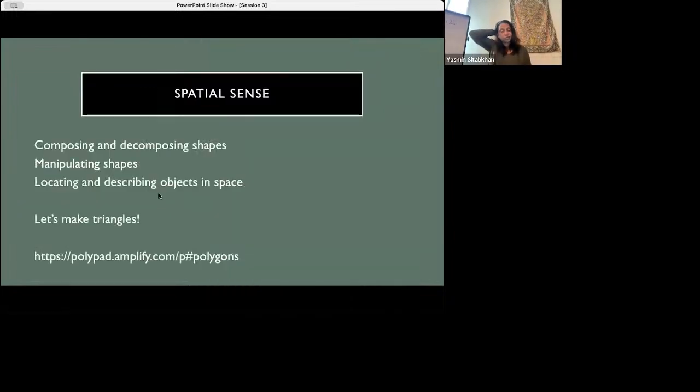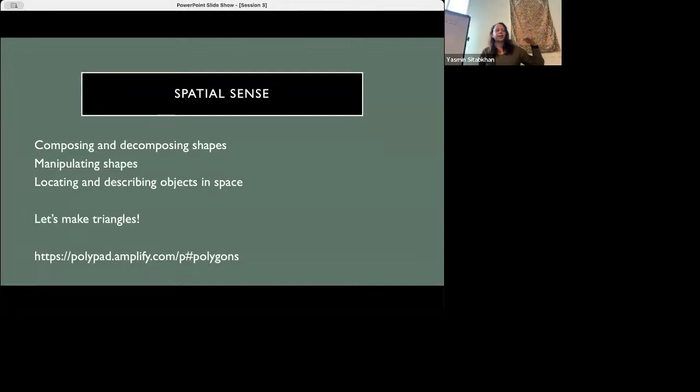With spatial sense, I do want you guys to try to do this. Spatial sense is really important. What is spatial sense? It's basically the idea of composing and decomposing shapes, manipulating shapes, and locating and describing objects in space. So being able to say, the book is on top of the table.